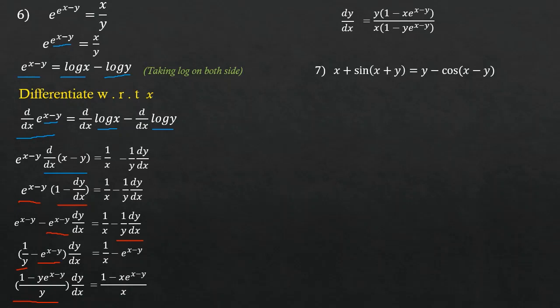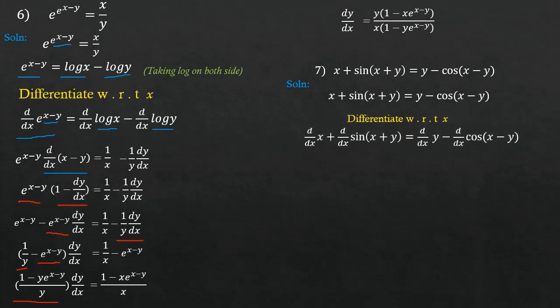Let's solve the last sum of this type, so that the derivative of implicit functions where we have to find dy by dx is done. We have to take the derivative; directly we'll write the question as it is. We'll differentiate with respect to x, writing d by dx with each and every term.